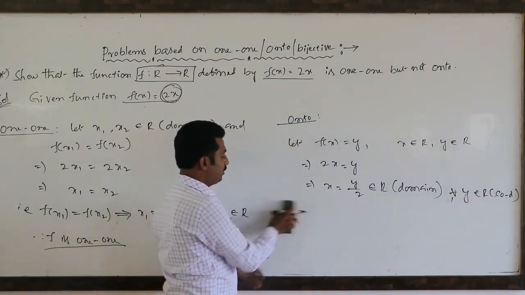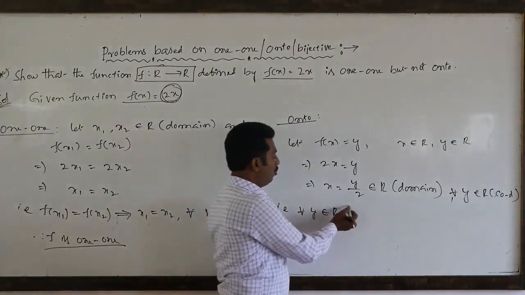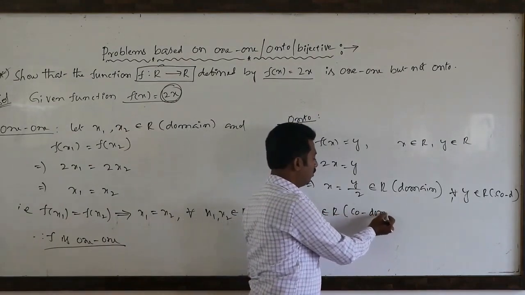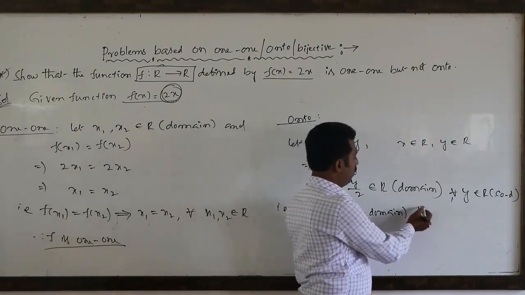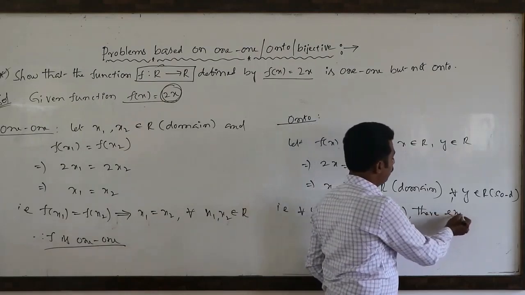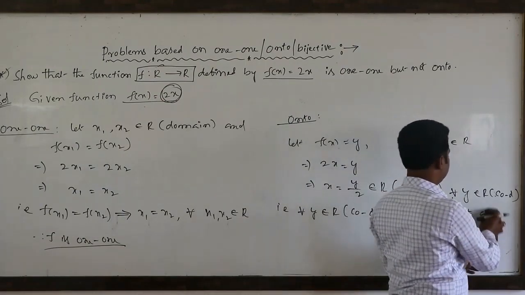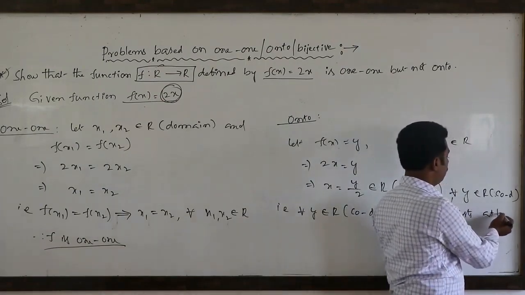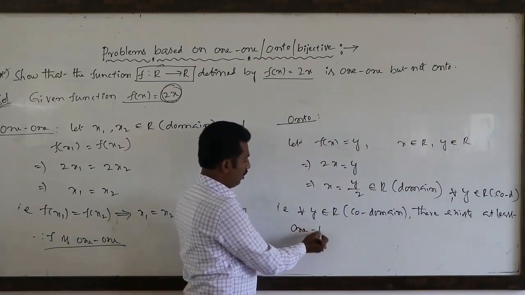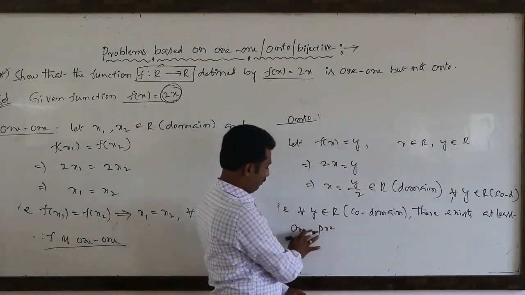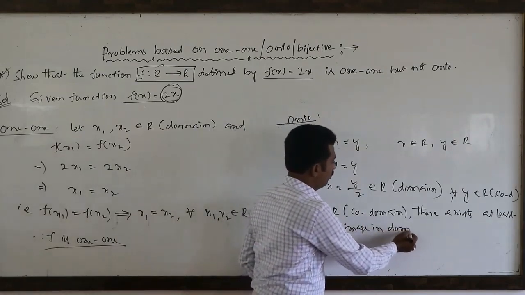That is, for every y belongs to codomain, there exists at least one pre-image in domain.